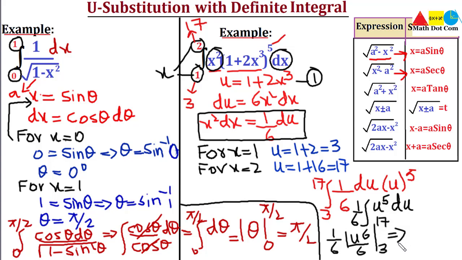So 1 over 36 will be on one side, and the upper limit is 17, so I'll write 17 power 6 minus 3 power 6. After solving this we get a definite number, as this is a definite integral, something like 670467 point something.